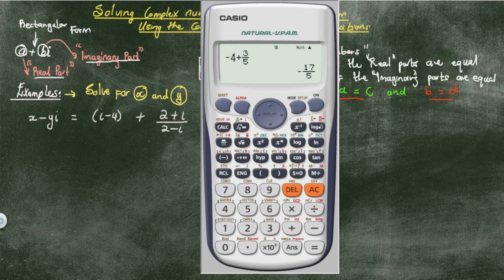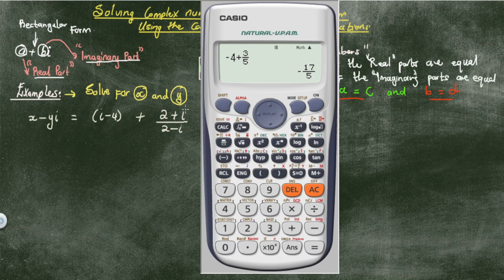Okay, now we have a bit of a challenge with this one. The issue here is that we have a fraction. So I cannot have this fraction lying around here.